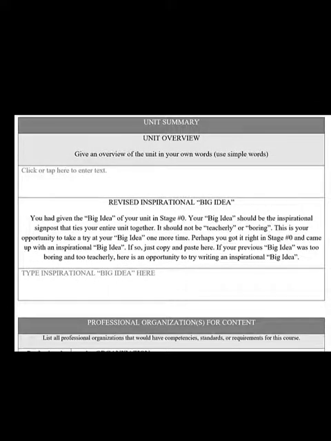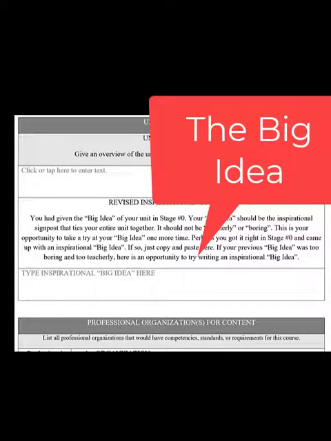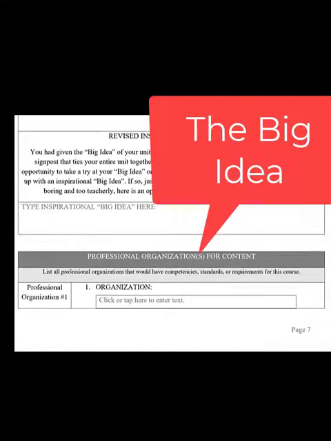So the unit overview may be GYN cancer, endometrial cancer, as we stated before, but the inspirational big idea should be something exciting and unique to each student. So we're going to teach you everything you need to know for your board exam and cancer therapy for patients in the future. Could be something big like that, and get them to buy in.